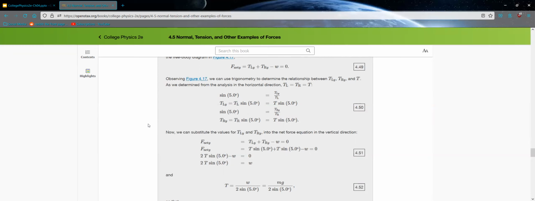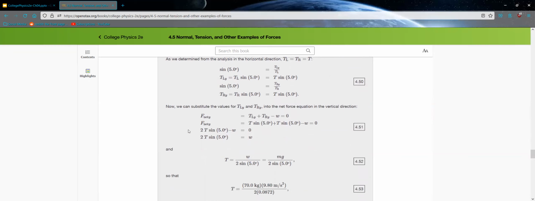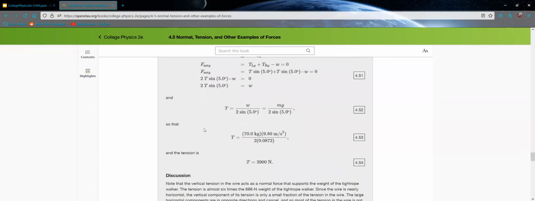And we know the left and the right components of the tension in the y direction because they're the sine of 5 degrees. So 4.51 here, your F net in the y would therefore be equal to 0, which is equal to T sine 5 degrees plus T sine 5 degrees minus W. Rearrange all that to solve for T, and you end up with a tension of 3,900 newtons.